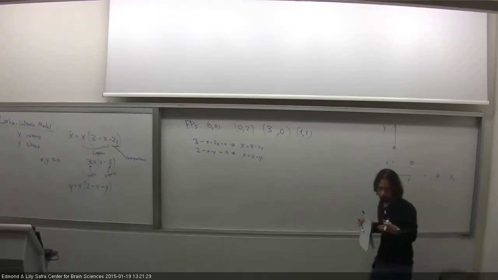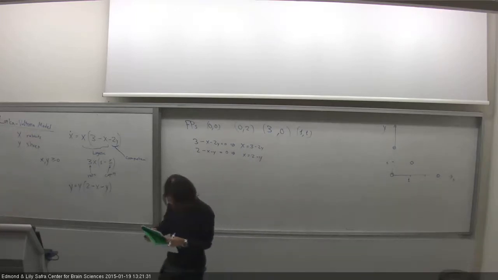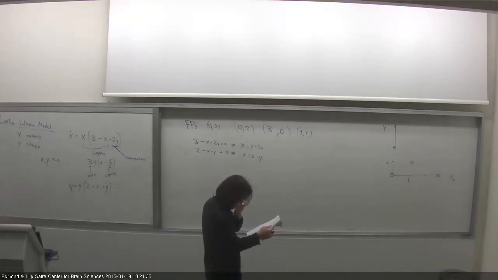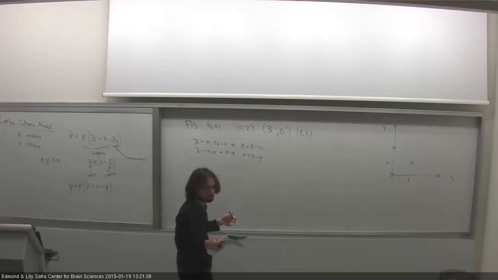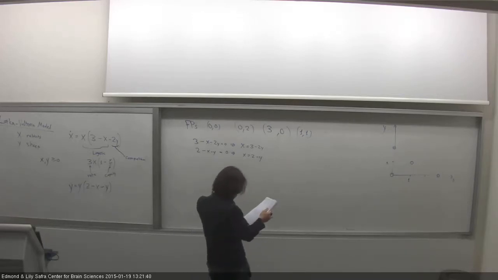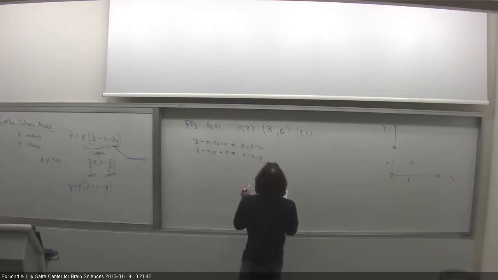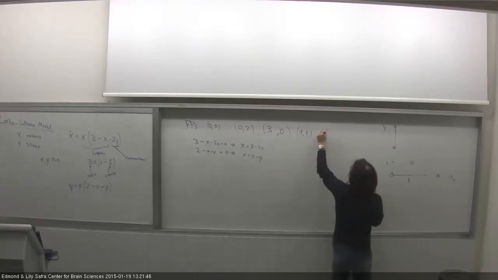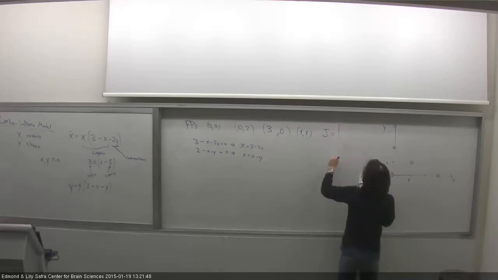And I don't know the stabilities yet, so I leave them empty. Now we would like to find the stabilities and later the eigenvalues. So we can write the Jacobian of the system.